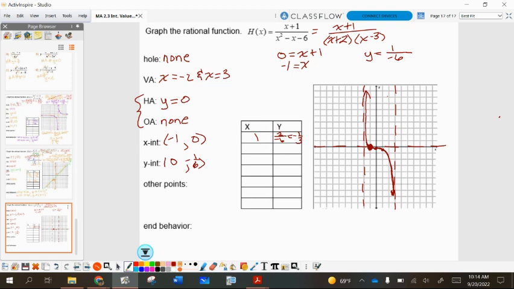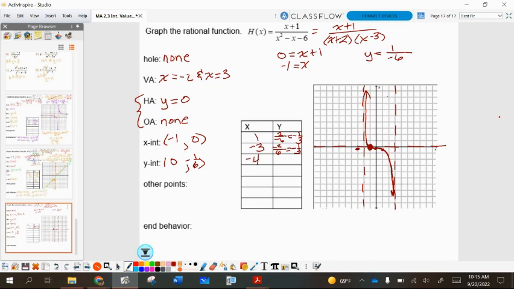All right, what about on either side of those vertical asymptotes? So let's go to negative 3 and see what's happening over there. If we plug in negative 3, plus 1 is negative 2 over negative 3 squared is 9, plus 3 is 12, minus 6 is 6. So that's also going to be negative 1/3. So at negative 3, we're at negative 1/3. Let's see what's happening at negative 4.